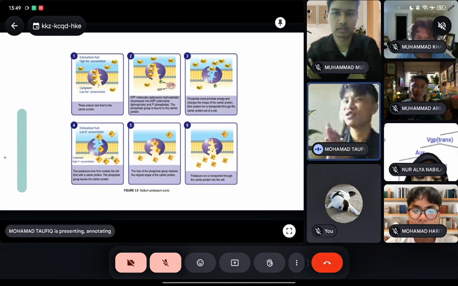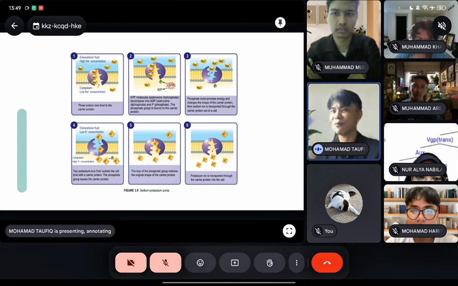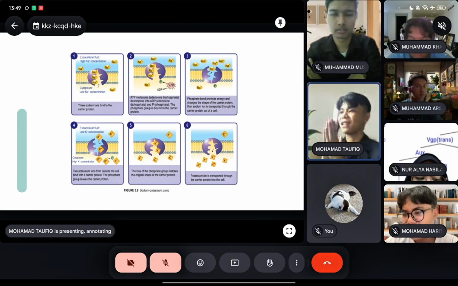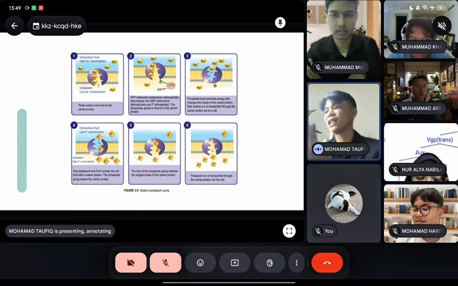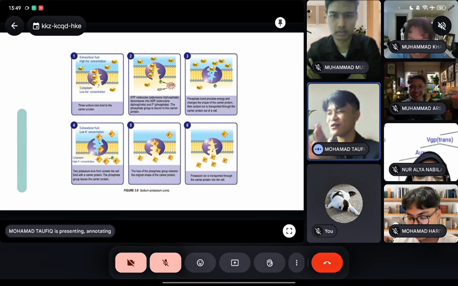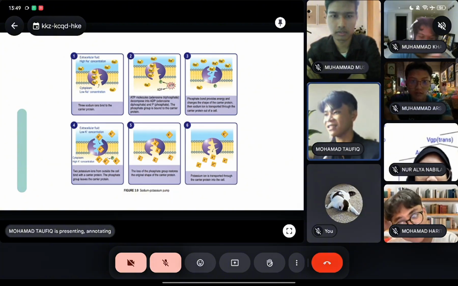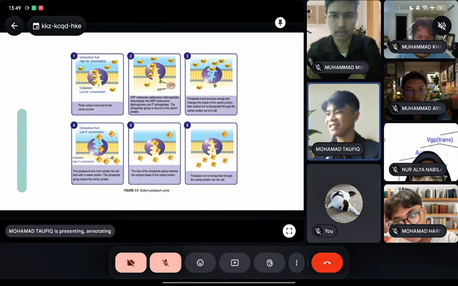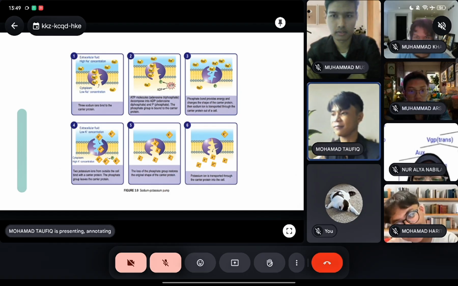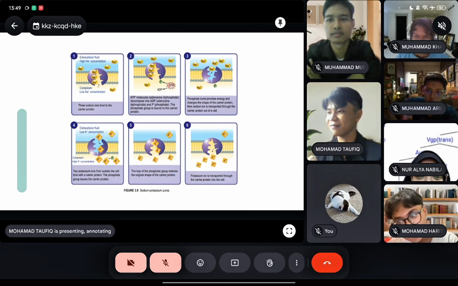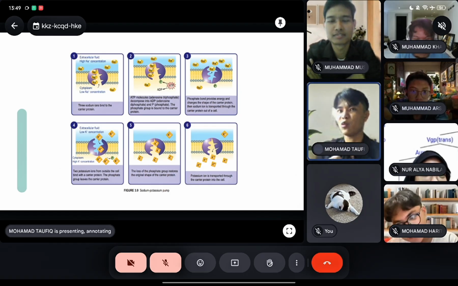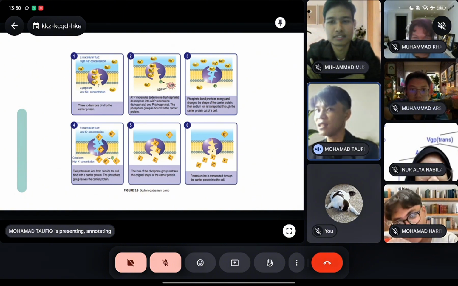Okay, let's go to our conclusion and our quiz time. Alia, what do you think is the first difference between active and passive transport? What is the first difference?